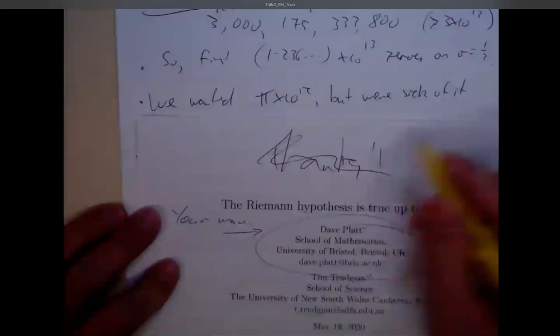Obviously things get more complicated with Dirichlet L functions because there are infinitely many of them. There are infinitely many q, and for each q there are phi(q) characters to look at.